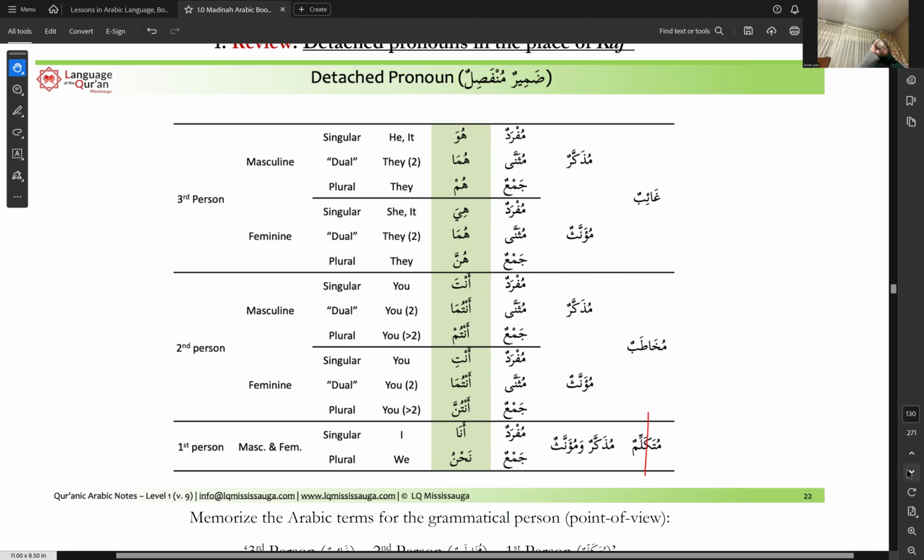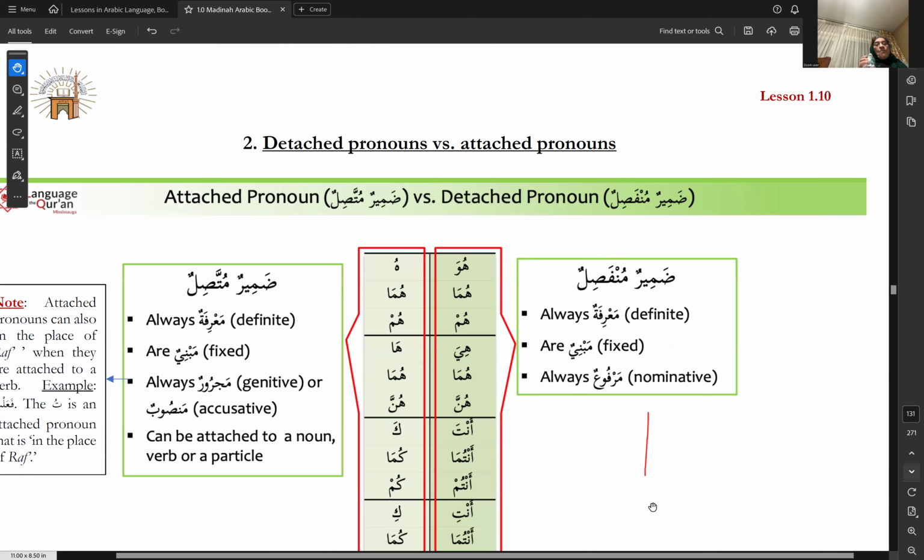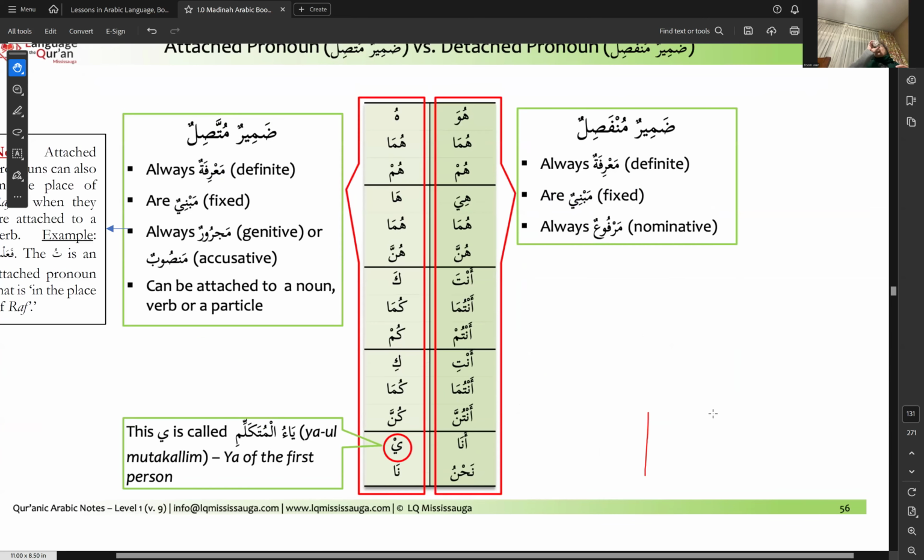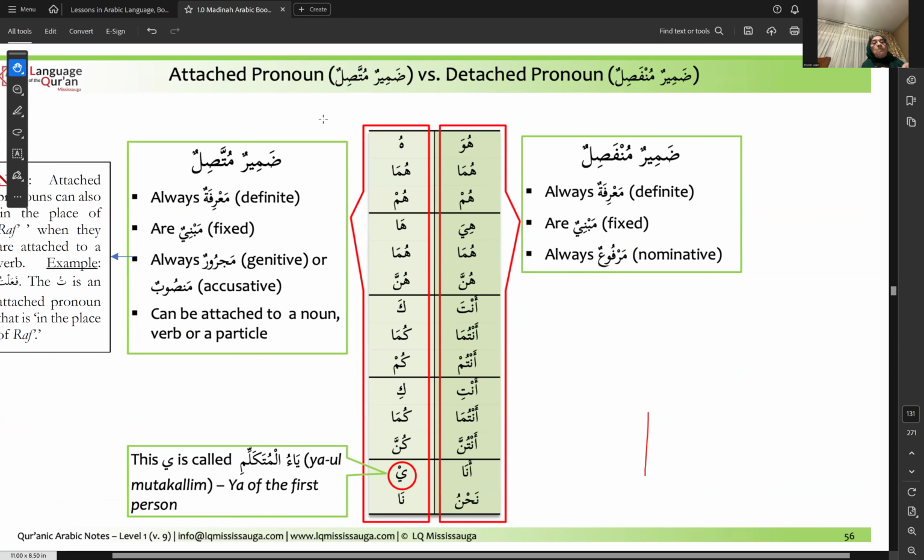Next comes the attached pronouns. The munfasil is what we did before, disconnected pronouns. Now we're doing the connected pronouns, متصل.